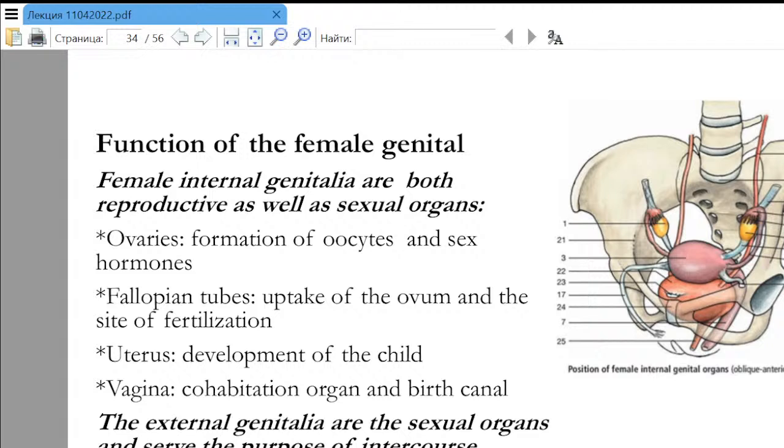Uterus: development of the child. Vagina: cohabitation organ and birth canal. The internal genitalia are the sexual organs and serve the purpose of intercourse.